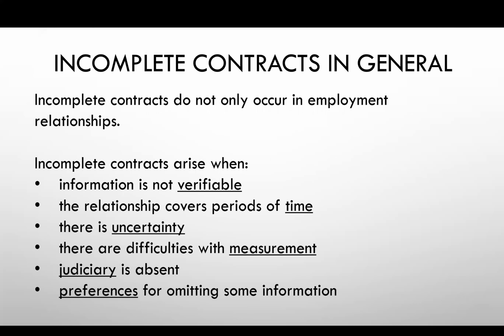Incomplete contracts do not only occur in employment relationships. Incomplete contracts arise when information is not verifiable, the relationship covers a period of time, there is uncertainty, there are difficulties with measurement, the judiciary is absent, or there are preferences for omitting some information.